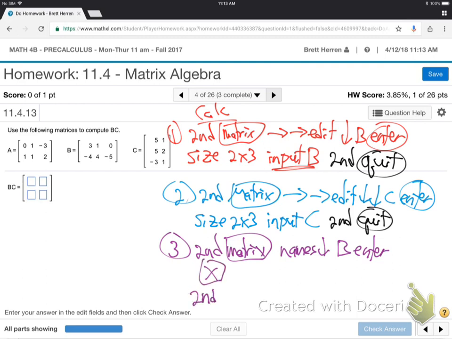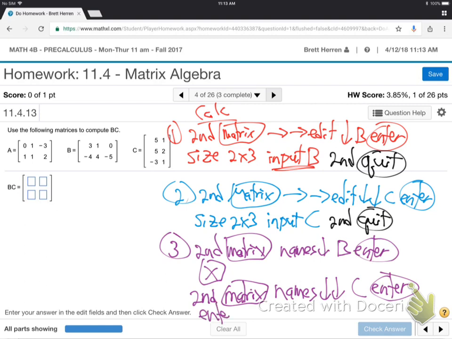And then one more time, second matrix, names menu, down twice to C. Enter. Looks like the word center. C. Enter. And then hit enter one more time. And you'll multiply B times C. That'll multiply matrix B times C.